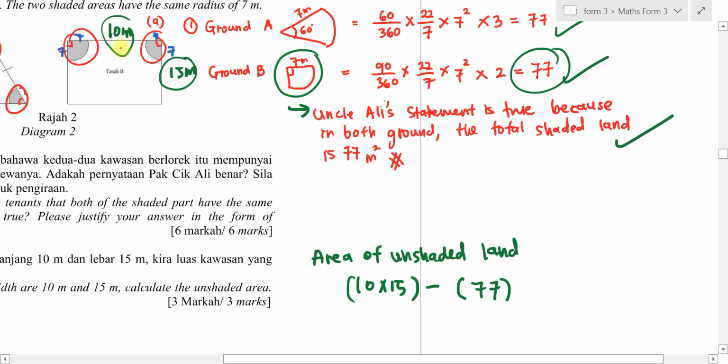Ground B or the total shaded area is 77 what? So just like that only. Jawapan yang kamu dapat adalah 73 meter square lah. Area is square. Meter square.